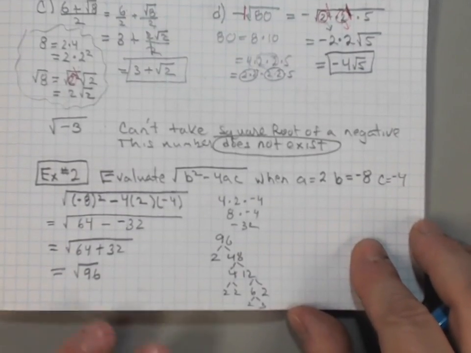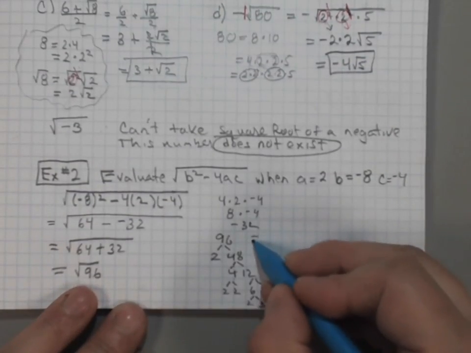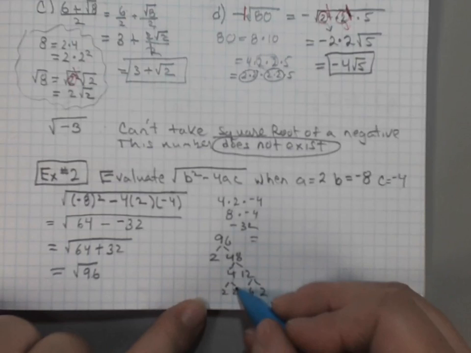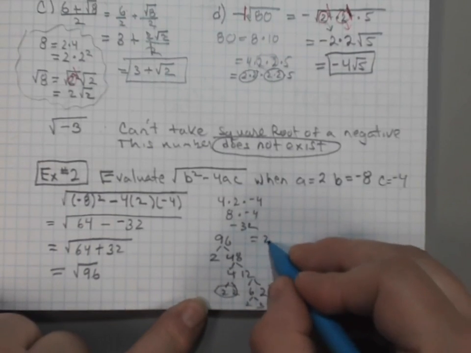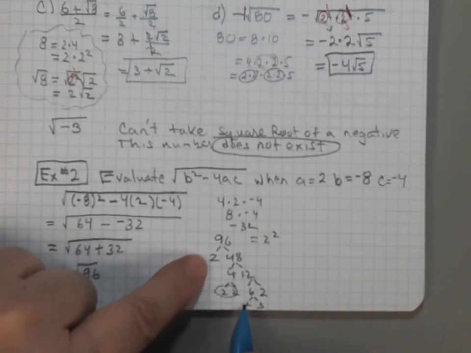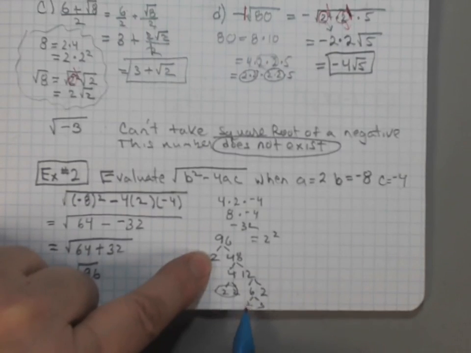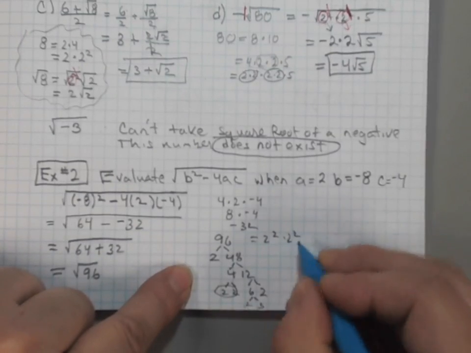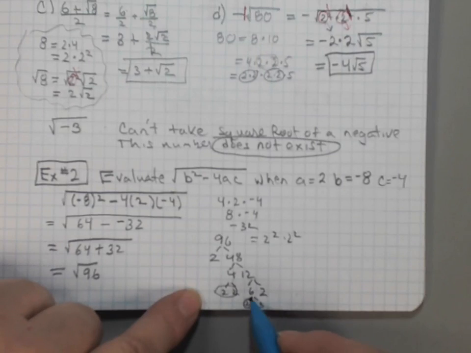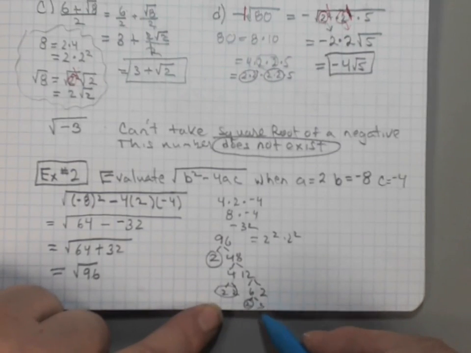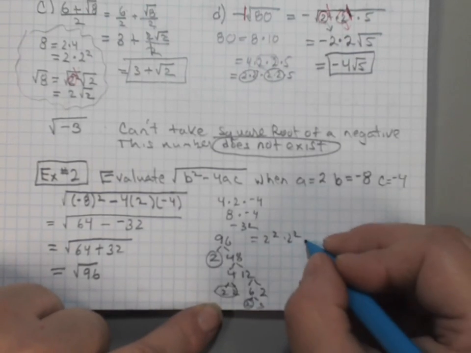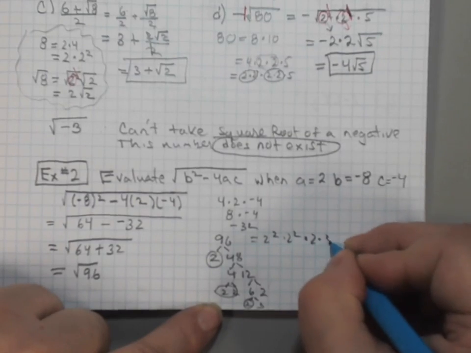Running out of paper. All right, so 96, let's see, all the perfect squares we group together. Here's a perfect square, 2 squared. Here's another perfect square, 2 times 2 here. Now that's a total of 4 2's right now, so let me circle those. I do still see a 2 and a 3. There's no pairs to match it up with, so it's 2 times 3.